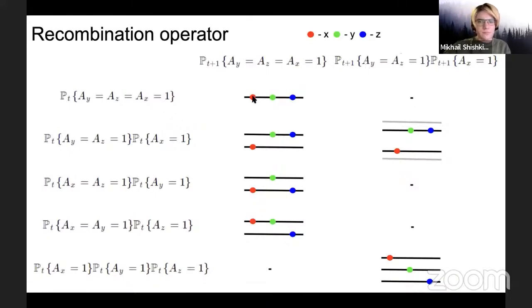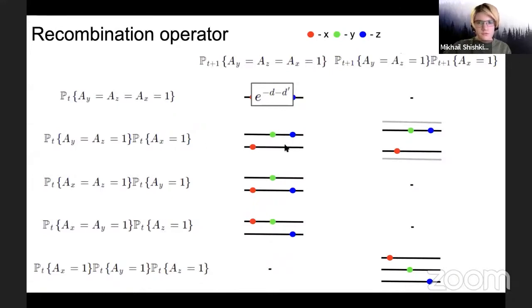And how can we get, from one chromosome, only one chromosome where we have loci of the same inheritance? We just don't want any recombination between X and Y, and we don't want any recombination between Y and Z. And the probability for this event is e to the power minus d prime, because we model recombination as an exponential distribution.